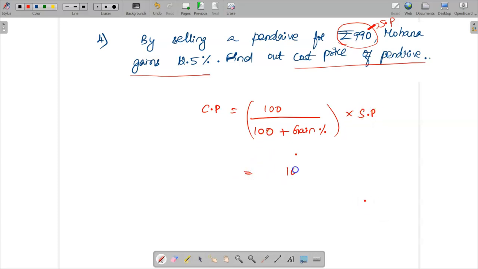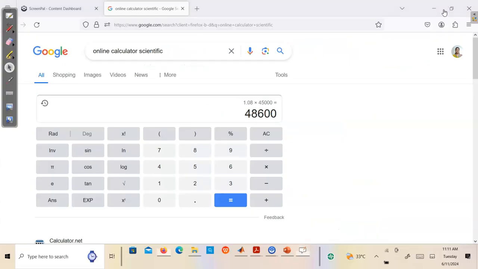So here the value is 100 divided by 100 plus 12.5 into the selling price. The selling price is around 990. So the denominator here we get is 112.5 into 990.